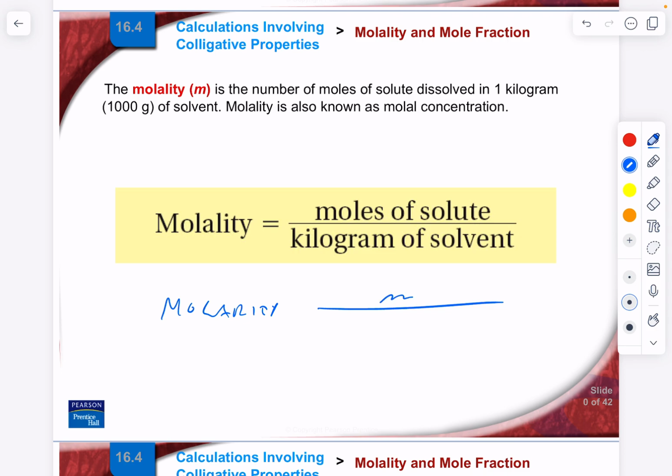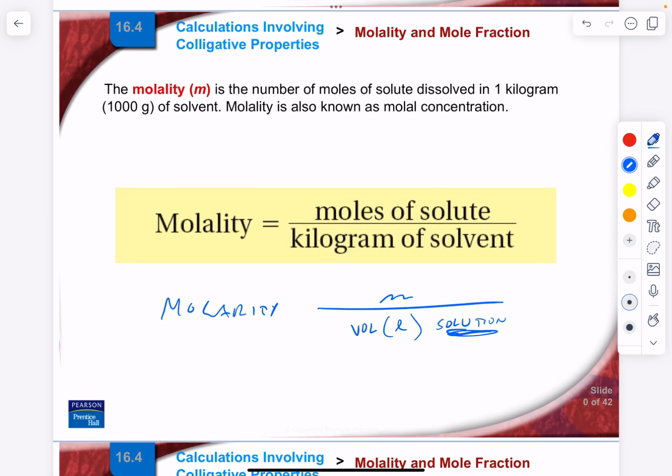But in the denominator of molarity, we had the volume, usually in liters, of the solution. We didn't care or need to know the actual volume of the solvent, just the overall solution, which is why we could use a volumetric flask.